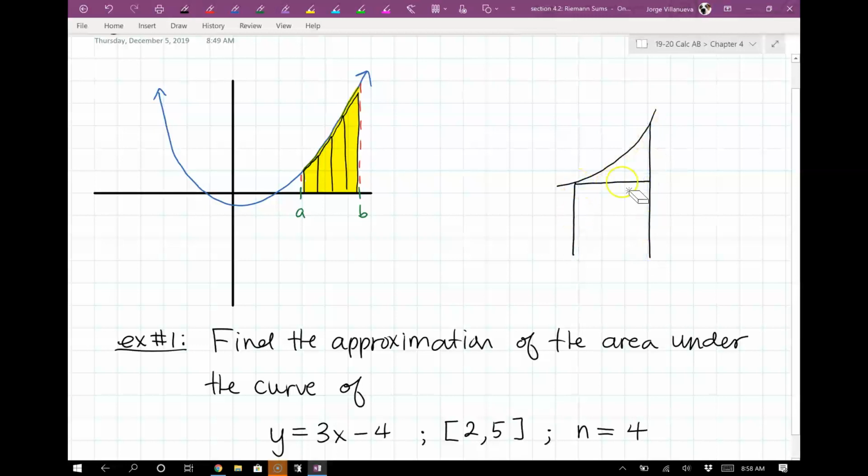Probably not, right? So maybe if we try 2. Well, that's better. But what if I were to try like 10? Okay, 1, 2, 3, 4. So you can see there's a lot less space being taken out, right? There's a lot less space.